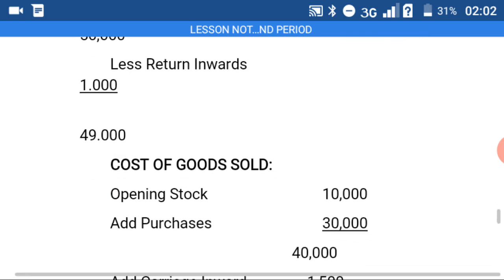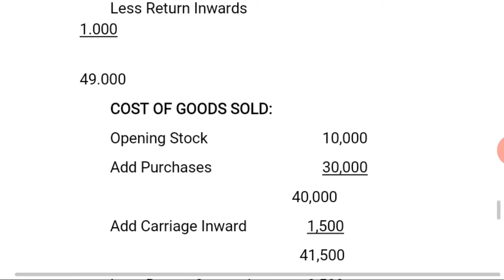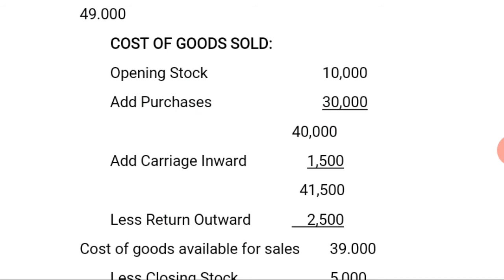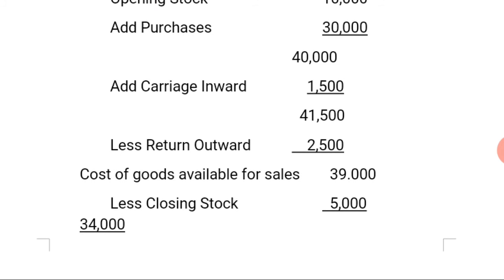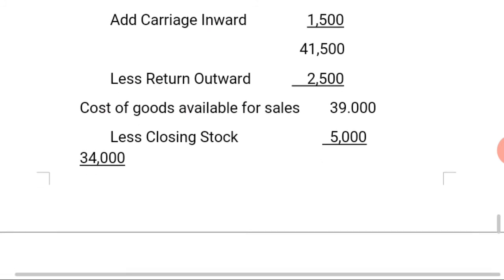On the other line, we have cost of goods sold. To start with, opening stock 10,000 naira. Add purchases 30,000, giving us 40,000. Add carriage inward 1,500 naira. That gives us 41,500 naira. Less return outward 2,500. Then we have cost of goods available for sales of 39,000.